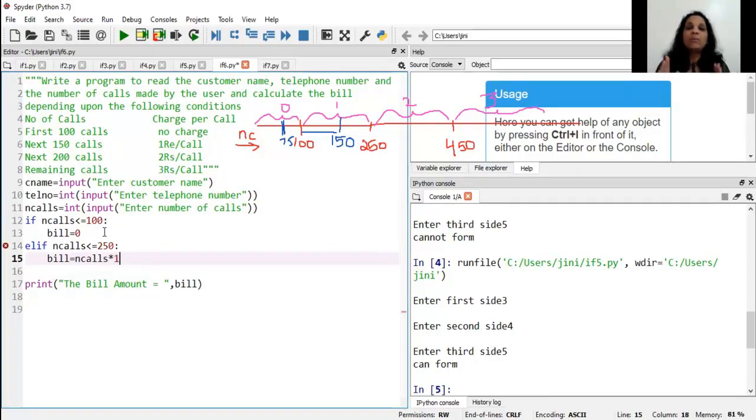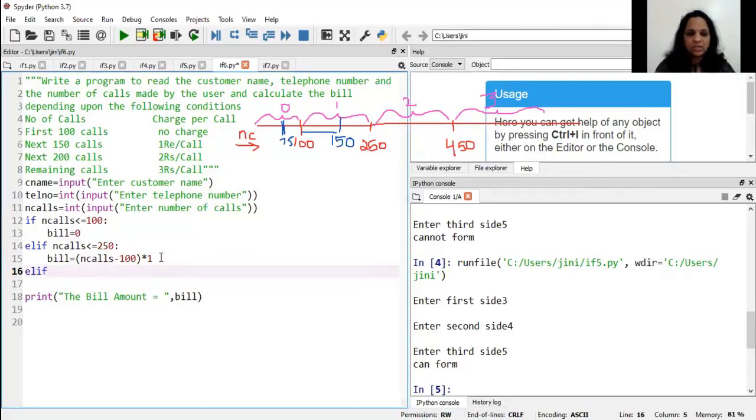It means if I made 150 calls, you're going to charge me 150 rupees. But no, out of the 150 calls, I'm not supposed to be charged for the 100. So subtract the 100, and for the remaining calls, that means 50 calls only, charge me 1 rupee. Correct?